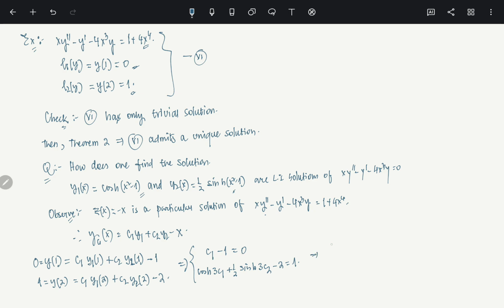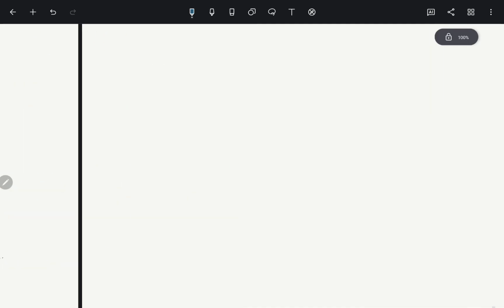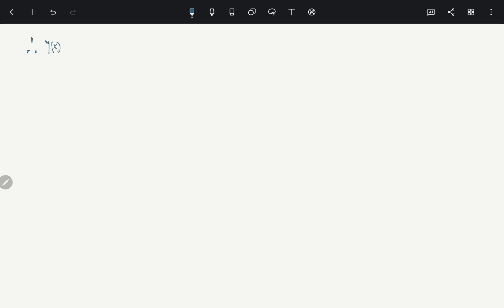So the solution which you are going to get is c1 equals 1 and c2 equals 2(3 − cosh(3))/sinh(3). This is what you are going to get. Therefore y of x will look like cosh(x² − 1) plus 2(3 − cosh(3))/sinh(3) times sinh(x² − 1), minus x.